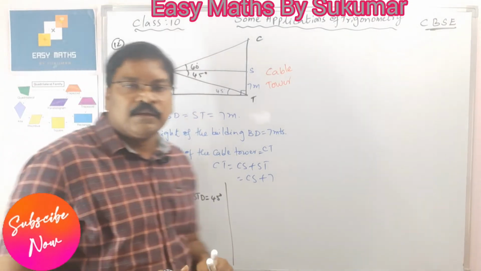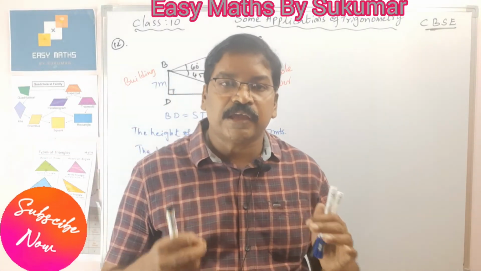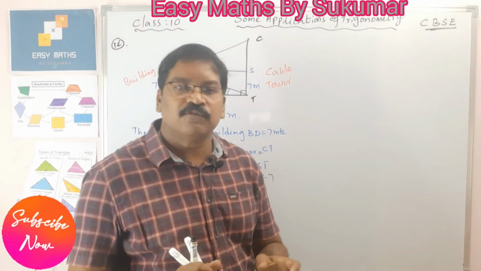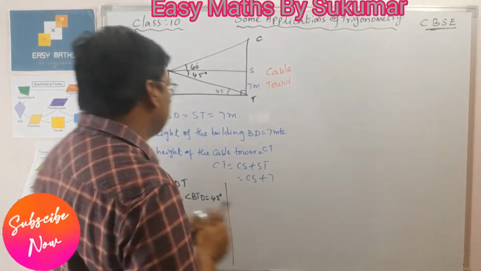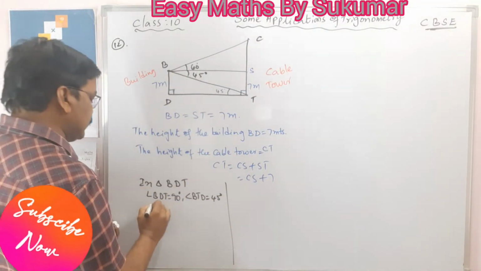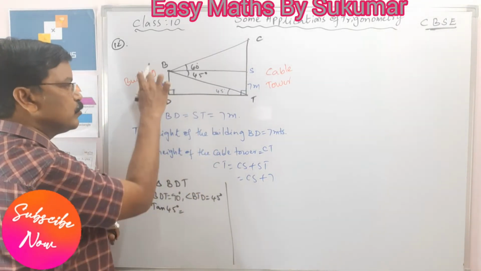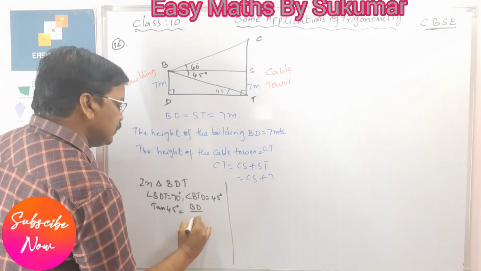Okay. As I told you in the previous classes, my dear students, if the acute angle is 45 degrees in a right angle triangle, then the opposite side and the adjacent side should be equal. Okay, that means let us take tan 45 degrees in this triangle. So what about tan 45 degrees? Opposite side by adjacent side. That is BD by DT.